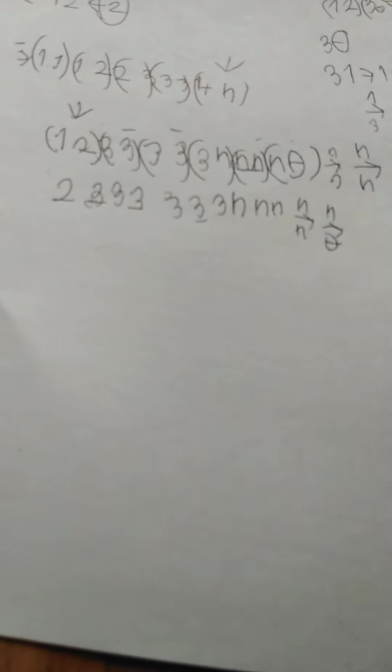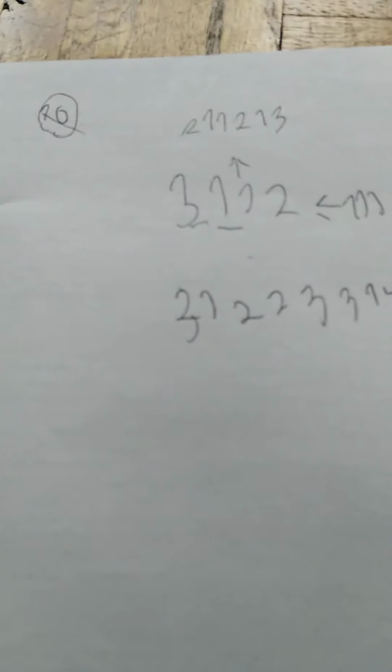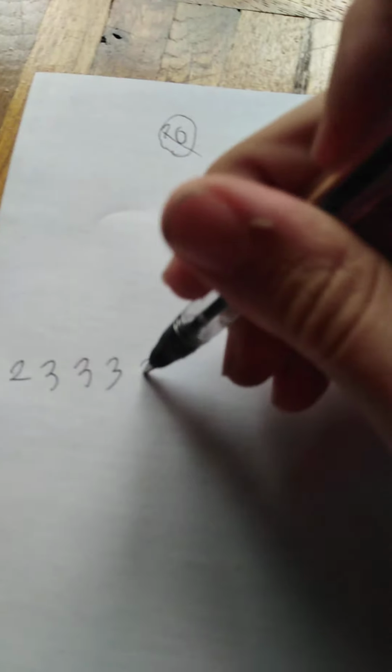Okay, and we need to look at the above layer. Here, look, 1, 2 times. So let's get this ungodly number. 2, 3, 3. How many trees? A lot. Another trees.